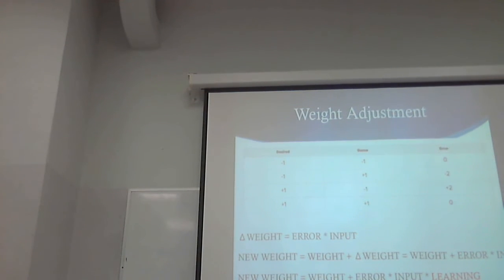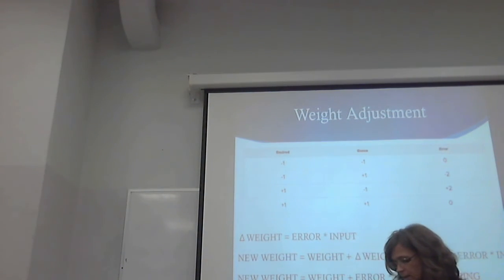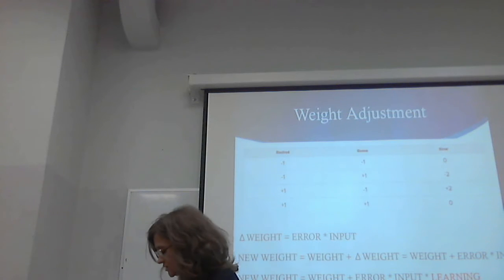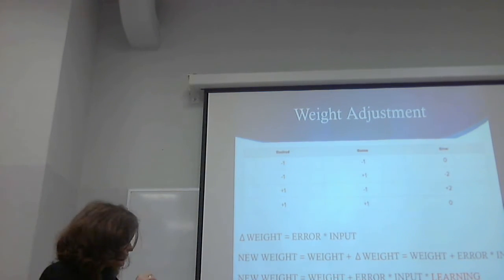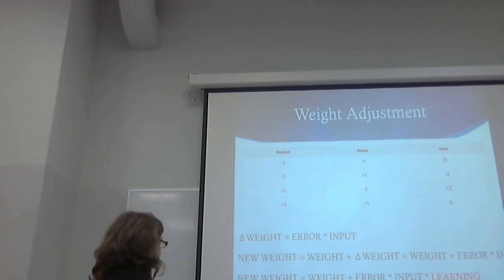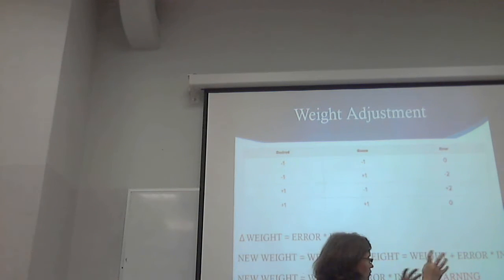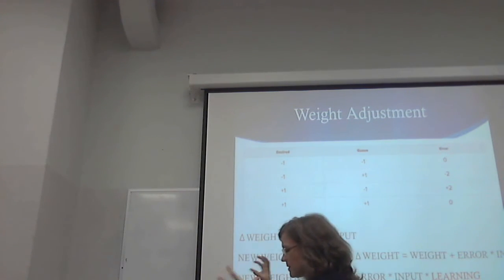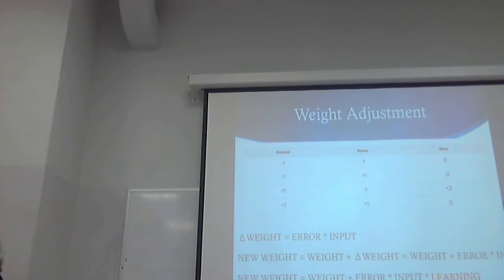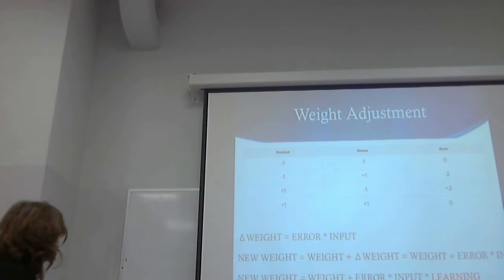I can also do some modification and multiply this error by input. I can introduce some number. This is how well I adjust, called the learning constant. Meaning, for example, how big are my changes.